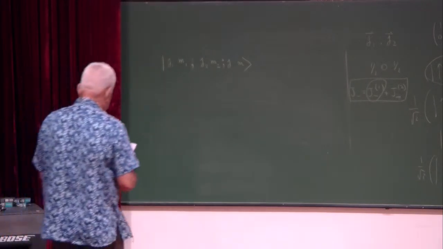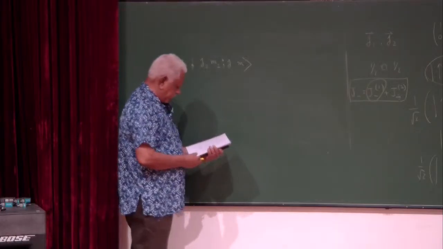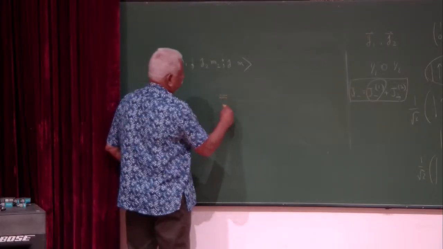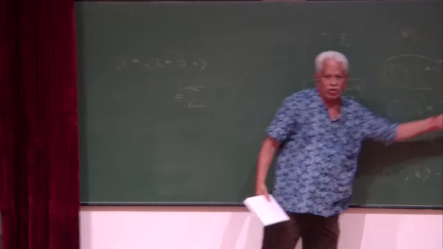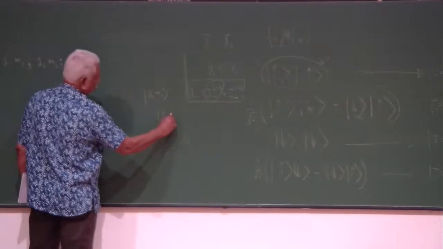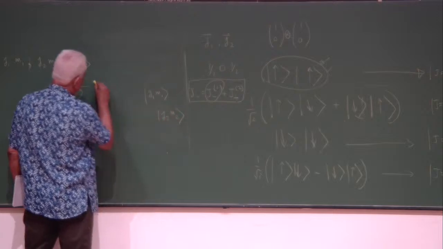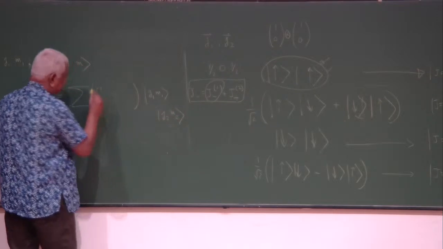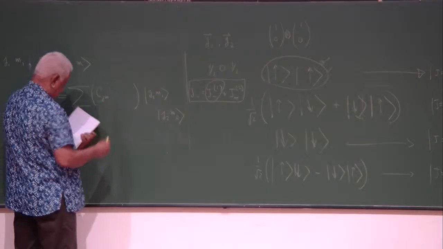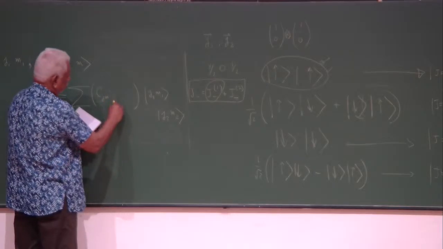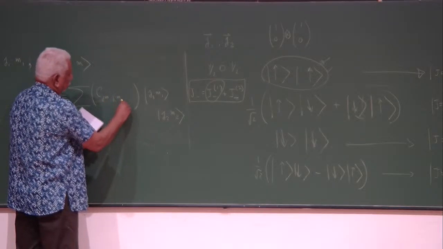This is the state, and that state is equal to sigma, the summation of the states which I have, which is going to be a linear combination of J1 M1 into J2 M2, and there are coefficients here which I will write as C J M, and then J1 M1 J2 M2.